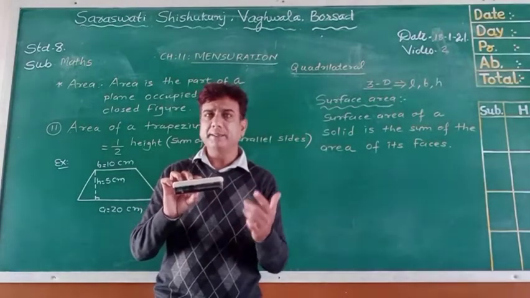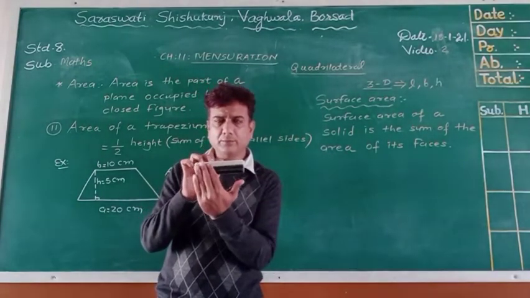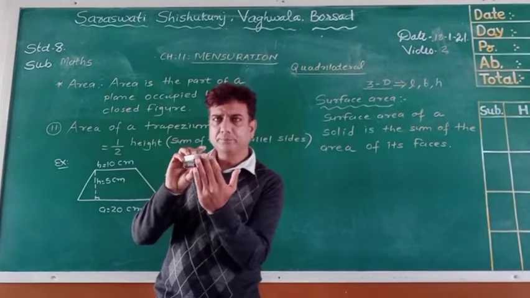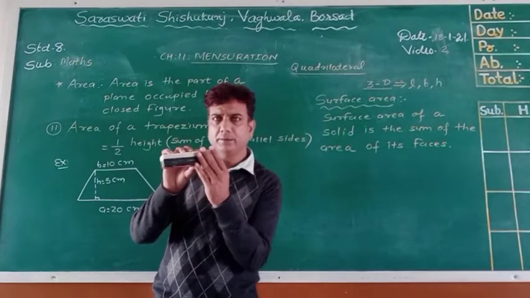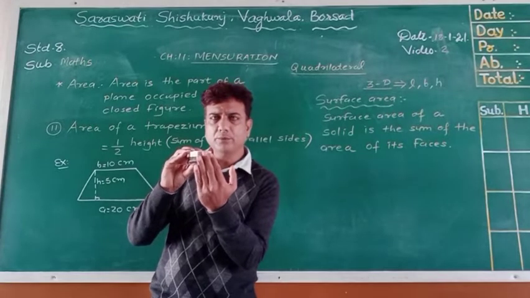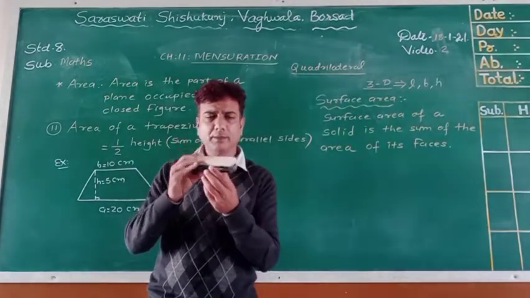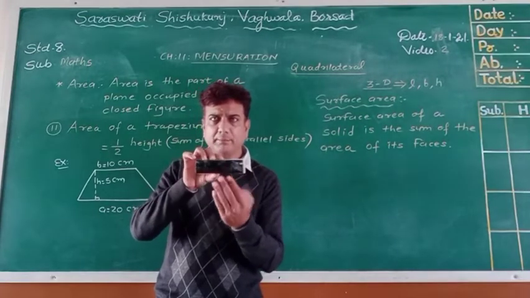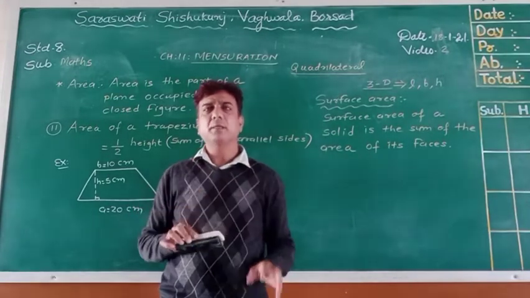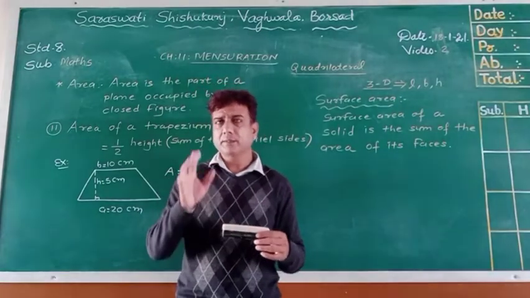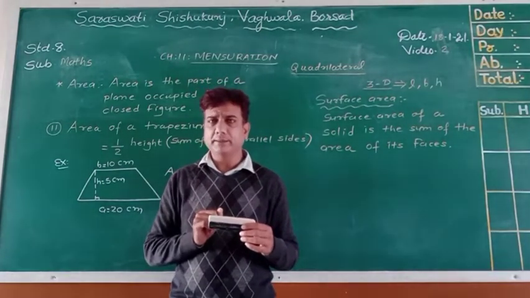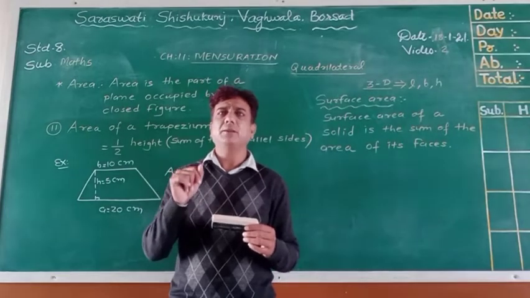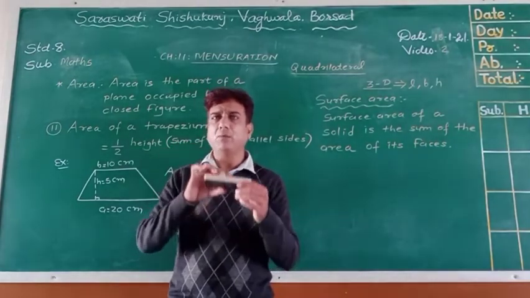How many surfaces? 1, 2, 3, these 4 surfaces, and this upper side 5, this back side 6. Six surfaces. And now we want to find the total surface area of this figure.